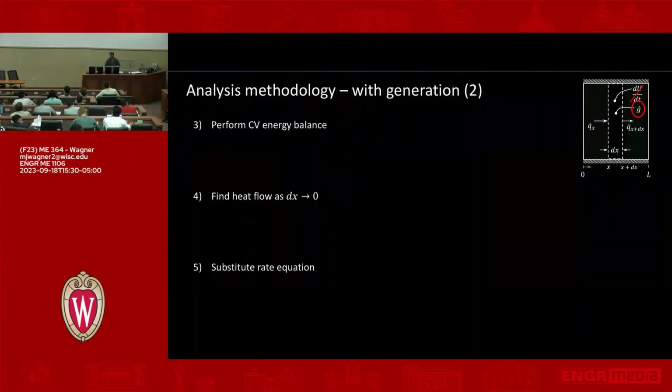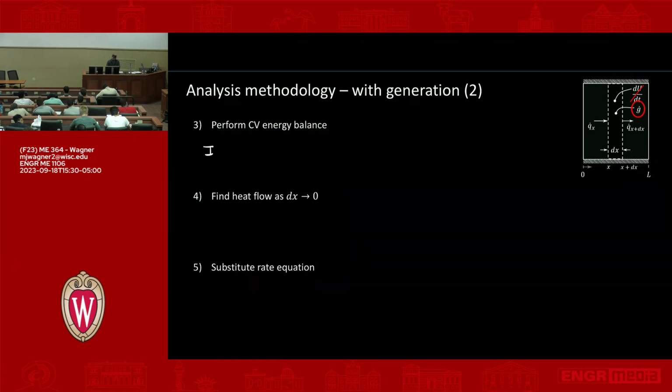All right. So we have our energy terms. Let's do the control volume energy balance. Remember, generally, we're going to say in plus generated is equal to out plus stored. In this case, we don't have any stored energy, but this yields, for the specific terms that we had, q dot x plus now this generation term.